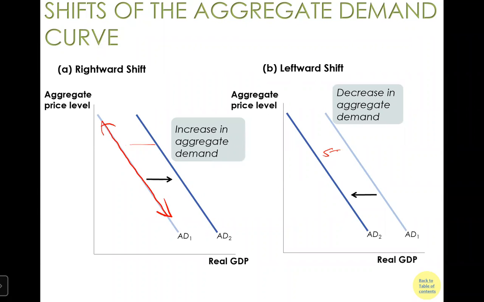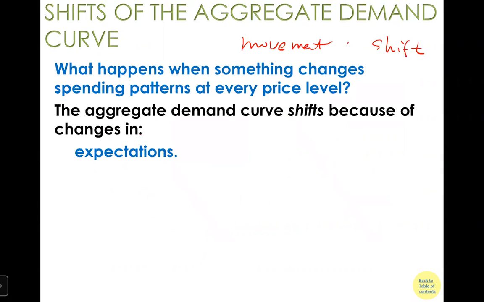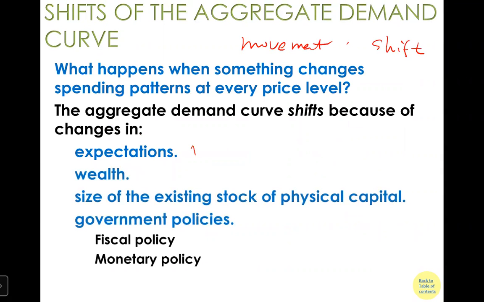If COVID-19 becomes worse or more severe than we thought, we may cancel our trip. If everyone does the same thing, the aggregate expenditure will decline. So that is expectation. We already discussed expectation and wealth.